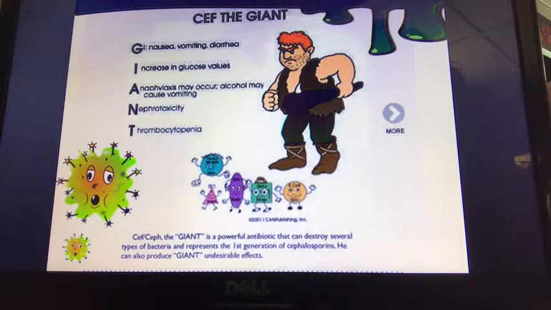And T is thrombocytopenia. This is a very powerful antibiotic. It's used for multiple types of bacteria and represents the first generation of cephalosporins, and it can cause all of these giant undesirable effects.